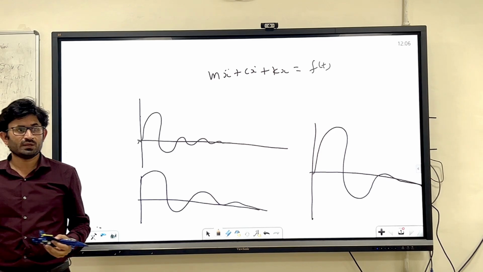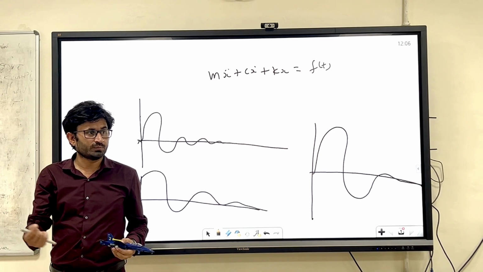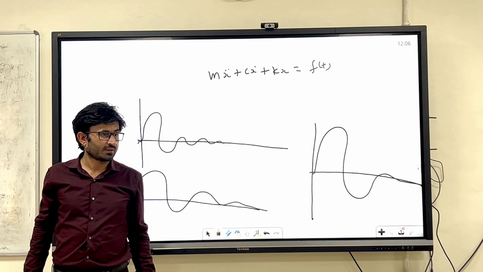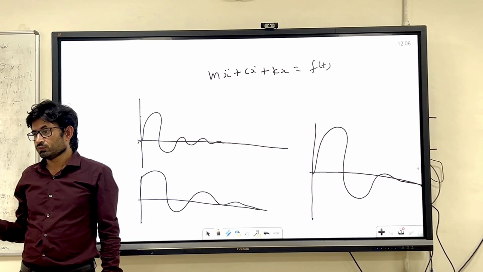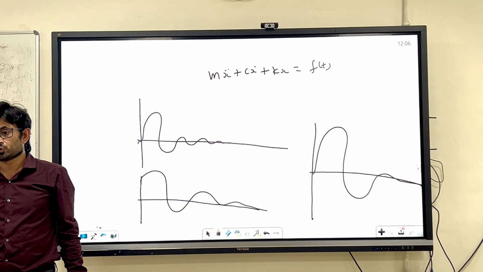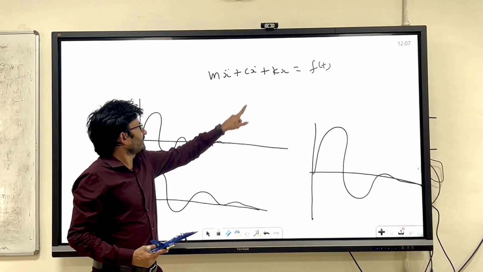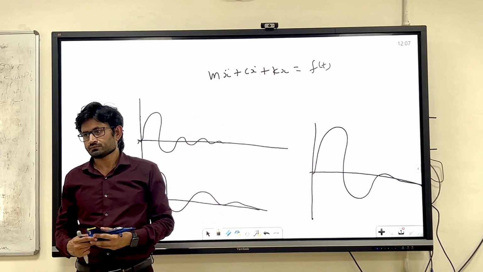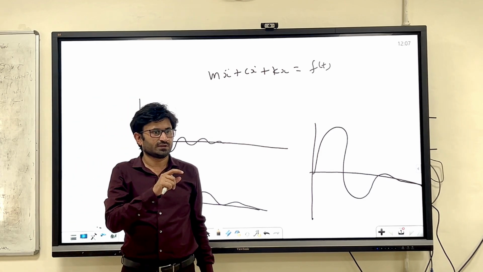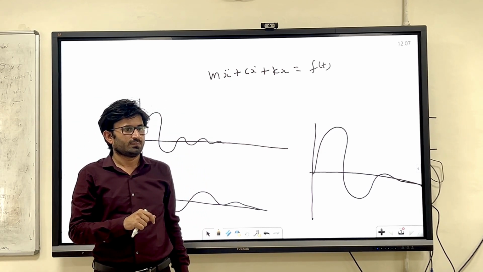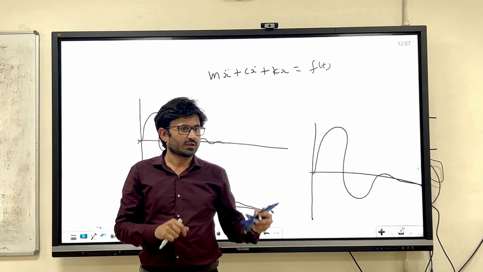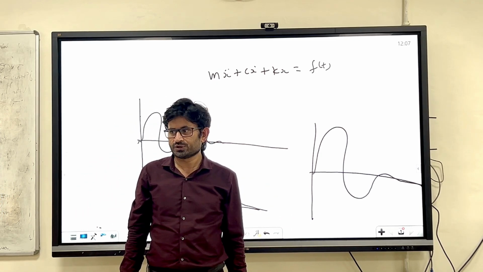So for example, when you disturb the pendulum from its equilibrium position, who is providing the damping? It is the air. And what is the spring constant? Spring is the stiffness. It will provide you the restoring force, because k is responsible for restoring the position.